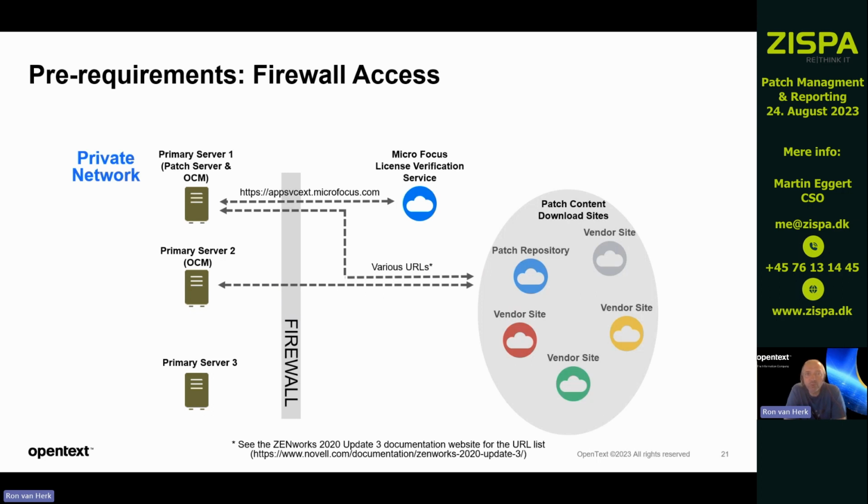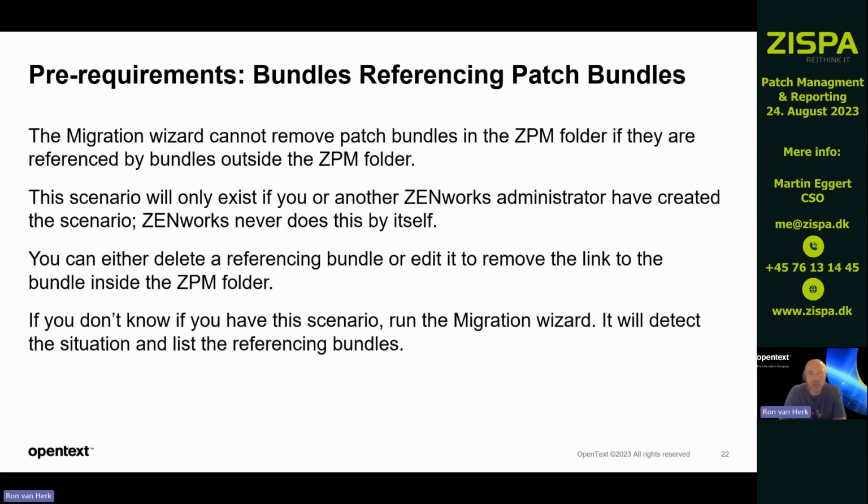You could have multiple servers being the on-demand content master. They can download things from the internet, so it doesn't have to be a single server anymore like we had in the past. But obviously they need access to the internet to download patch content, the DAU file, and the patches itself. So those are the firewall requirements.